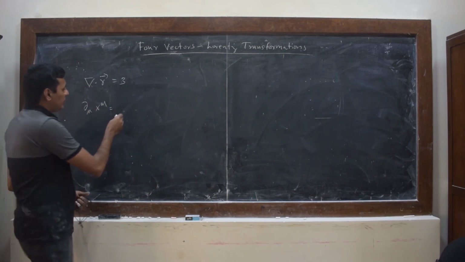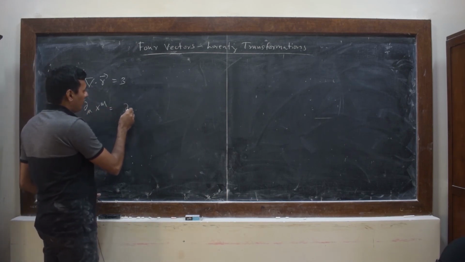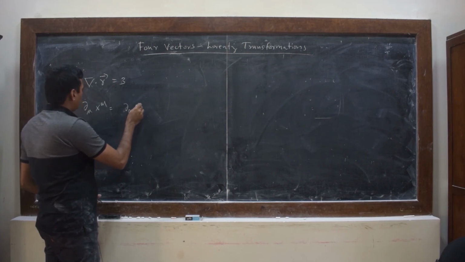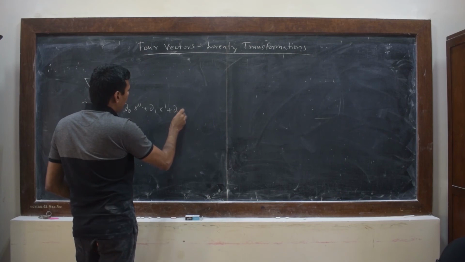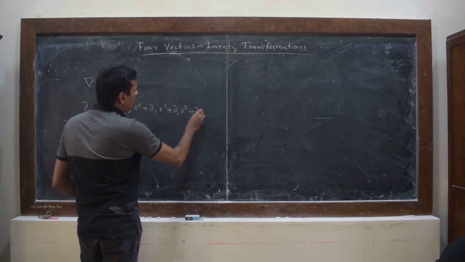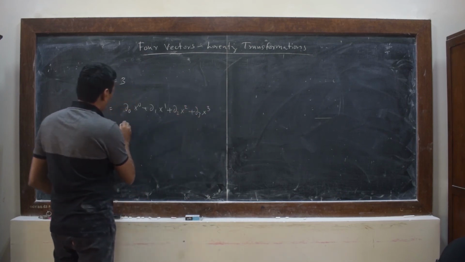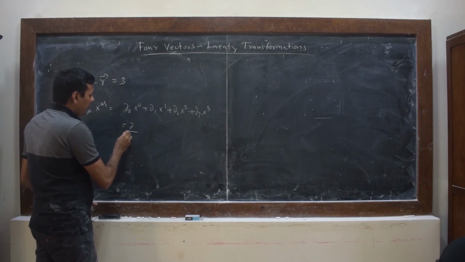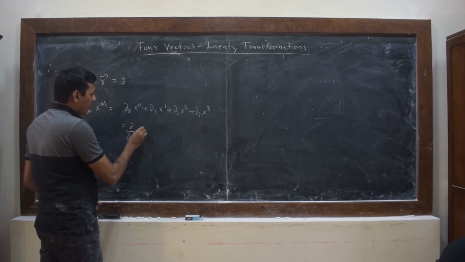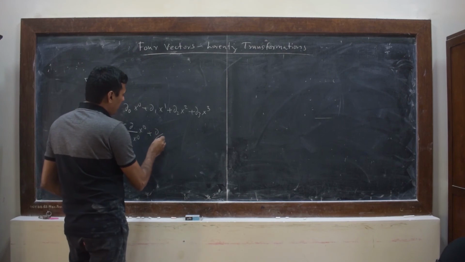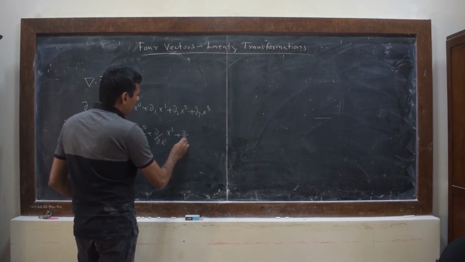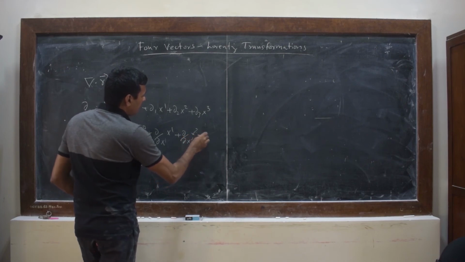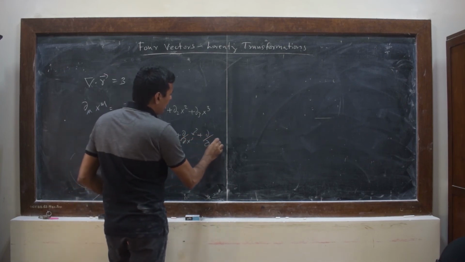So, what is that? It will be del 0 x0 plus del 1 x1 plus del 2 x2 plus del 3 x3, okay. Or this is equal to del by del x0 of x0 plus del by del x1 of x1 plus del by del x2 of x2 plus del by del x3 of x3.